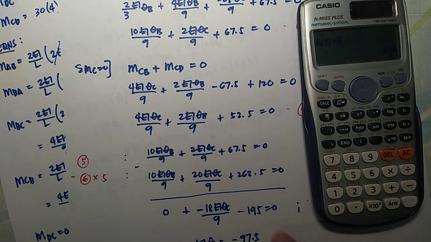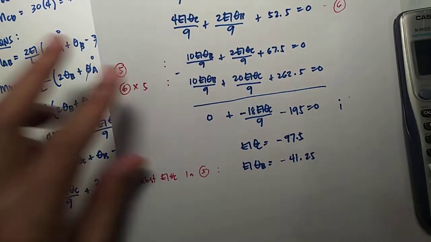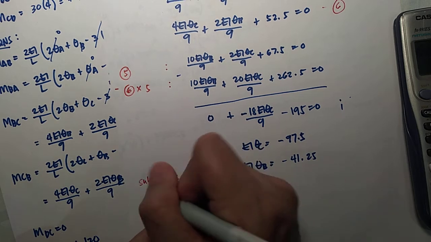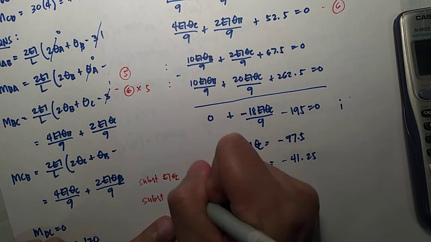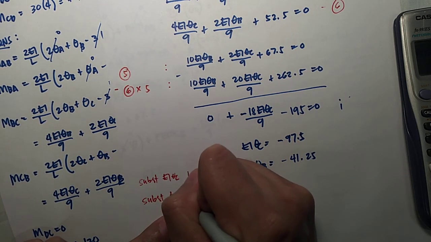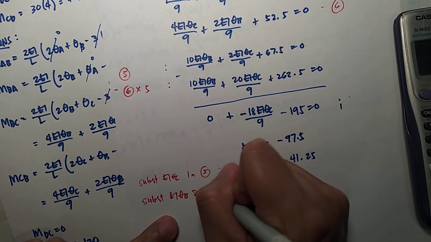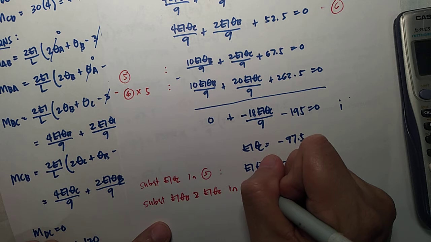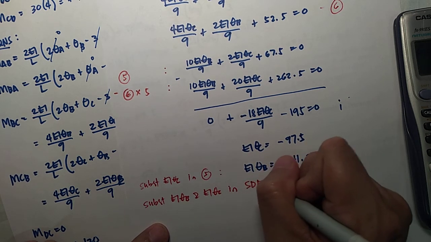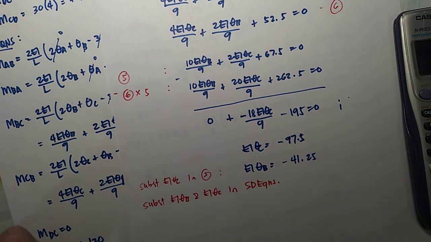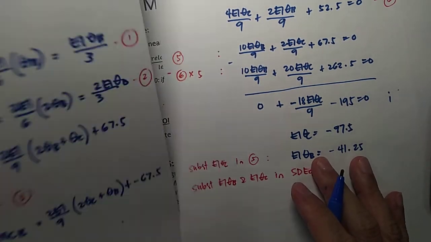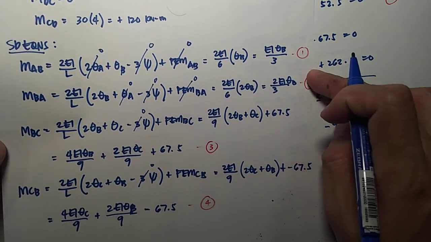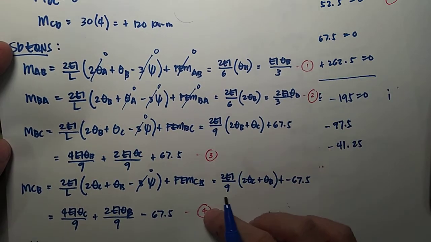Okay, so ito na nga yung theta B and theta C. So i-substitute natin itong EI theta B and EI theta C in slope deflection equations. Masosolve mo doon sa mga slope deflection equations natin, ito yung equations 1, 2, 3, and 4.